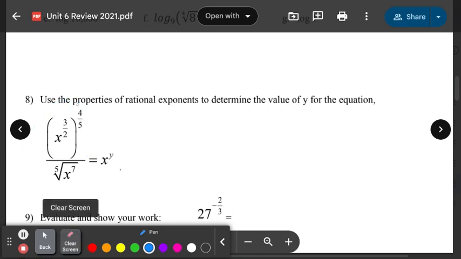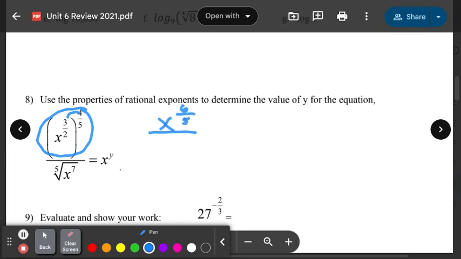So I'm just going to write over here, here's my fraction bar. To simplify the numerator, that's power to a power. So when you have power to a power, you multiply your exponents. 3/2 times 4/5 is 12 over 10. You can leave 12 over 10. I'm going to simplify it to 6 over 5, but you could leave it 12 over 10.